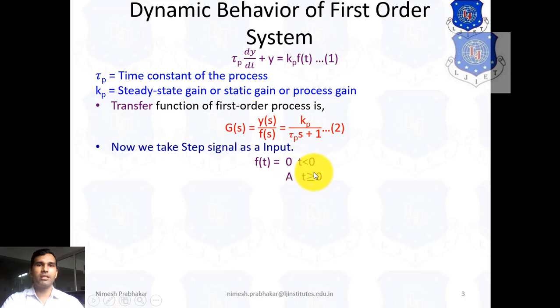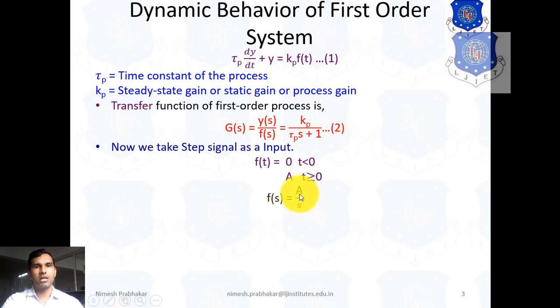Now we have to convert into the Laplace transform. We know the Laplace transform of the step input is F of s is equal to A by s, since the Laplace transform of 1 is 1 by s.